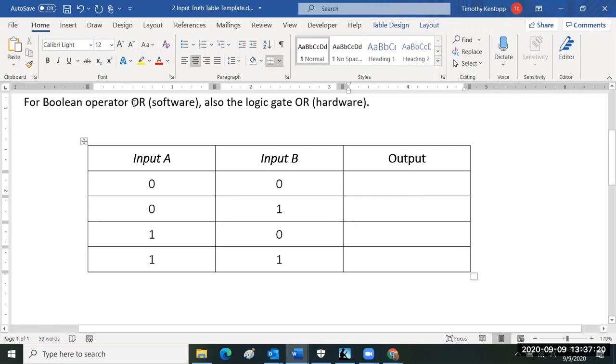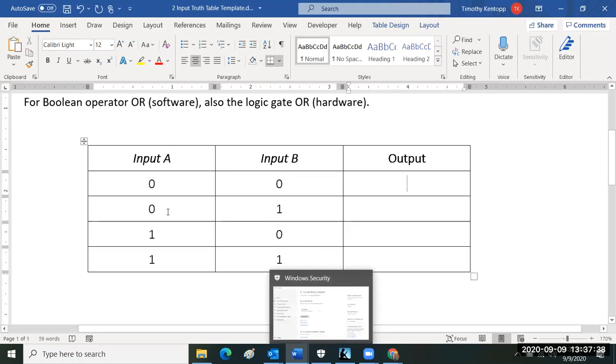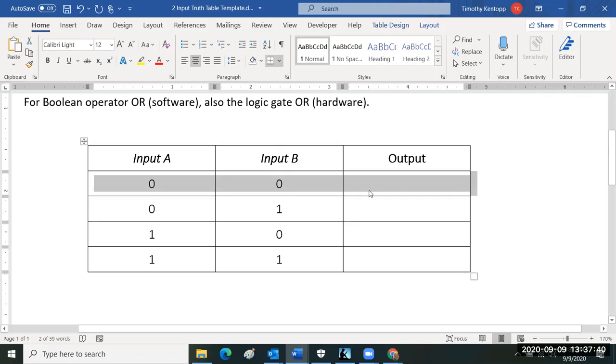Let's say that again. I want you to see this. It is verbal and logical and mathematical. Think of what the word or means. If input A is a 1, or input B is a 1, then the output is a 1. Now, for this case right here, if we have 2 inputs, A and B, 2 squared is 4 possible combinations.